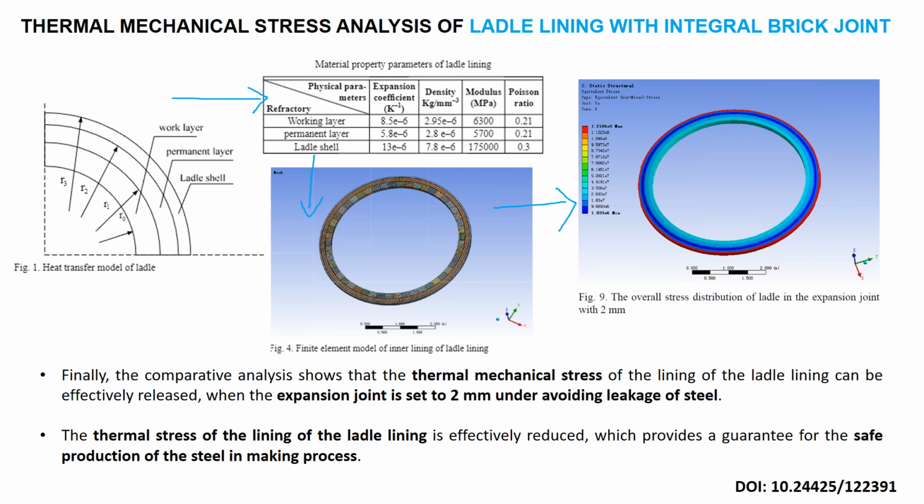The expansion joint between 2 bricks has been optimized through FEA, with values from 0 to 4 taken, and 2 millimeter was optimized, where the expansion joint is set to 2 millimeter to avoid steel leakage and guarantee the safe production of steel in the making process.